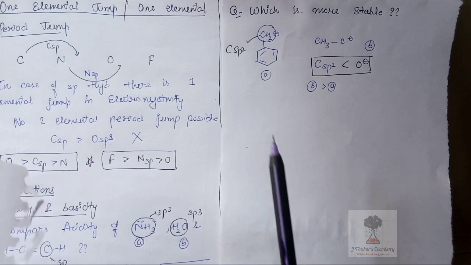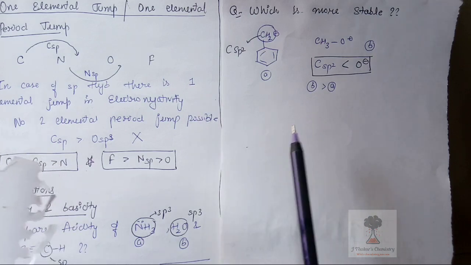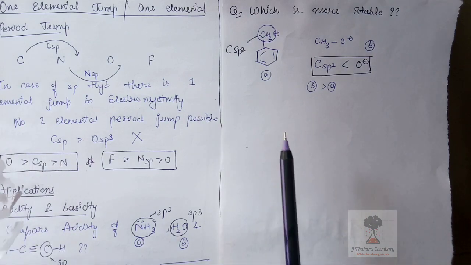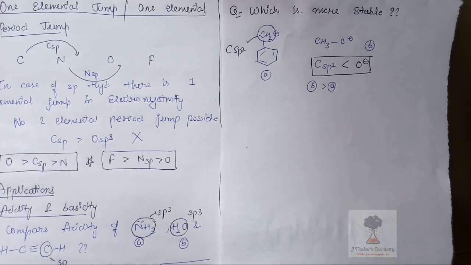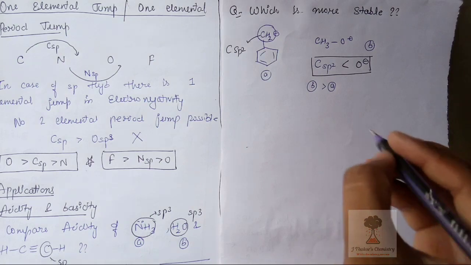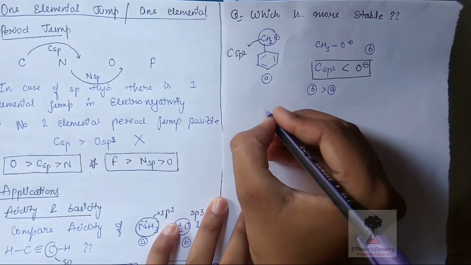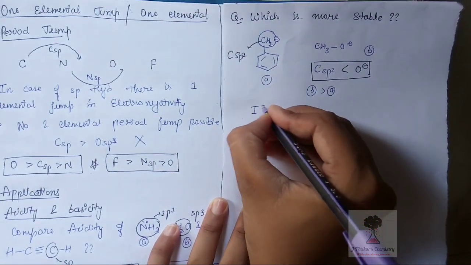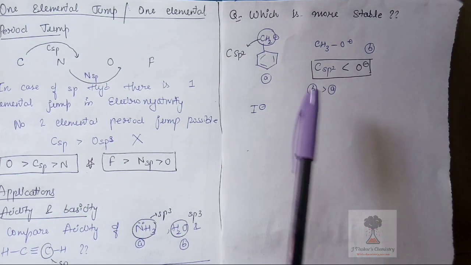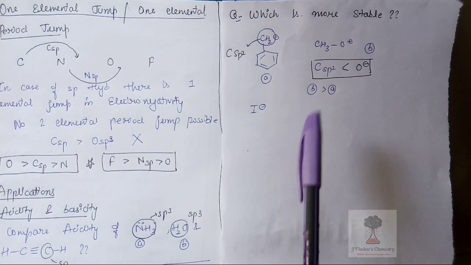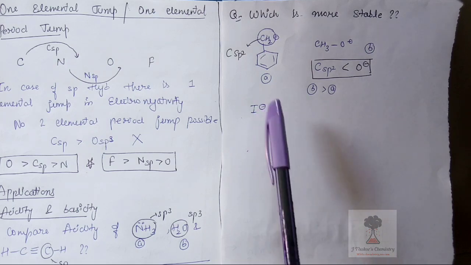There is one more factor to check the stability, that is the size factor. In the size factor, we check the charge neutralization by size. If there is another atom of large size like iodine, it has more tendency to accumulate the negative charge.